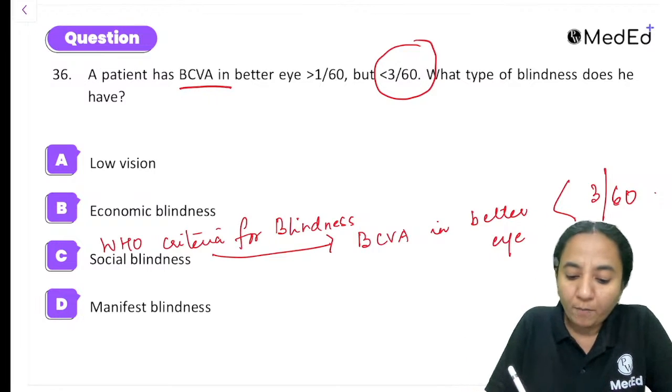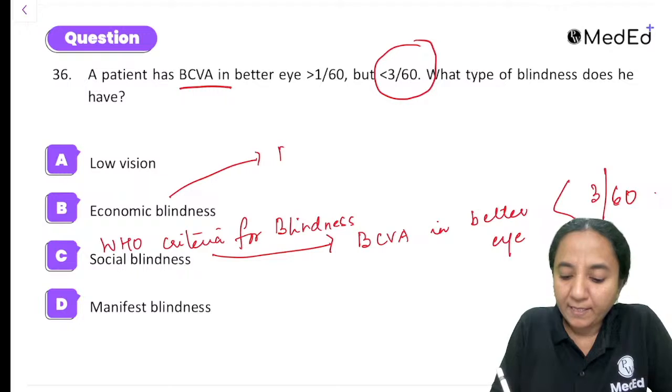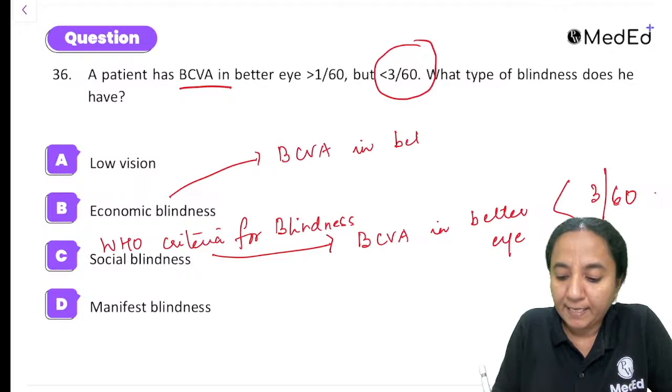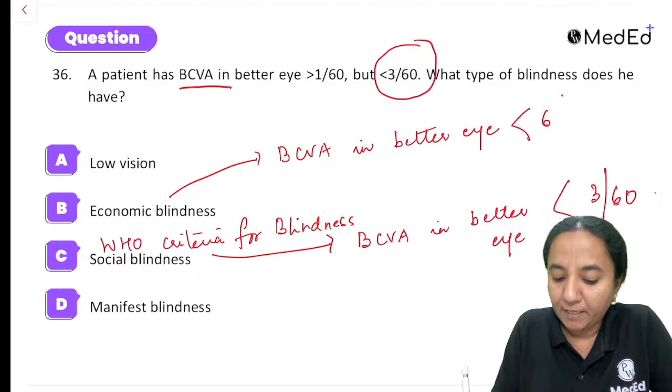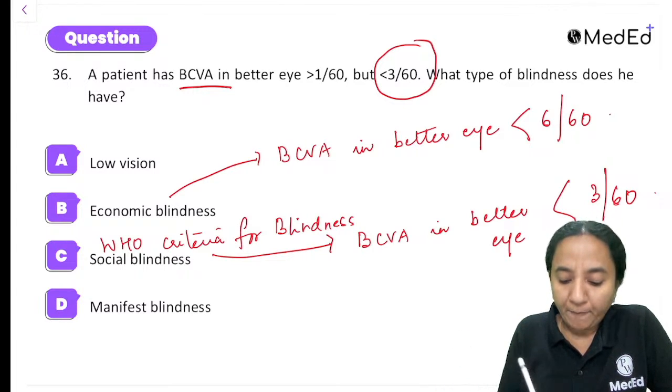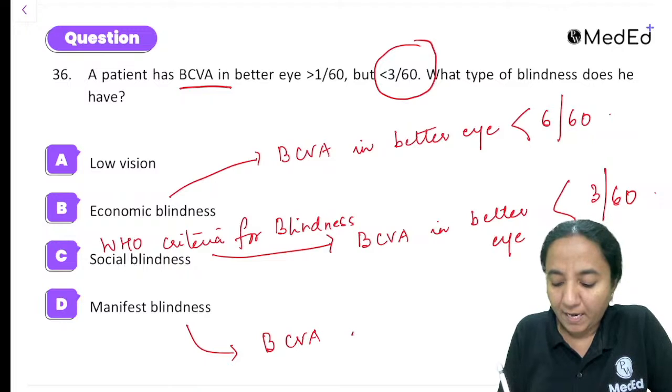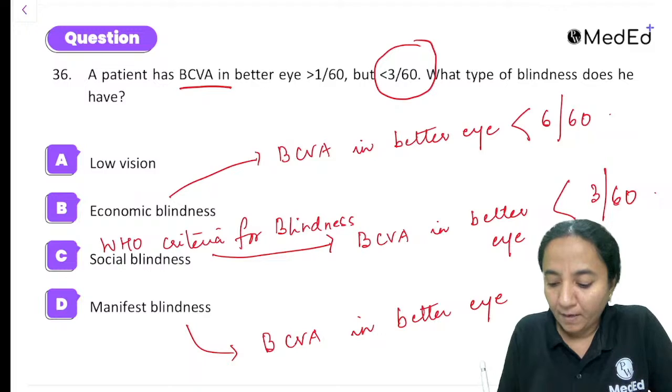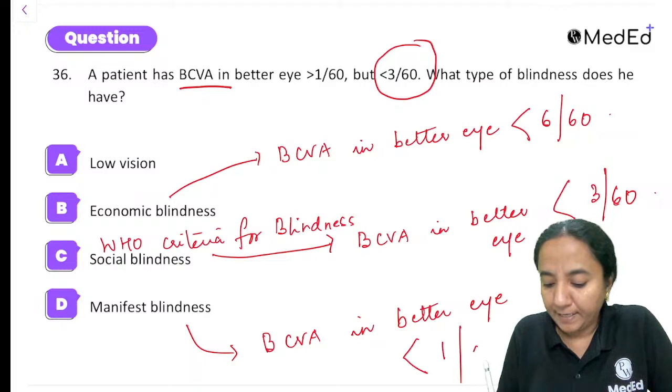So what is economic blindness? Please memorize this. This is BCVA in the better eye less than 6/60. And what is manifest blindness? Manifest blindness means BCVA in the better eye less than 1/60.